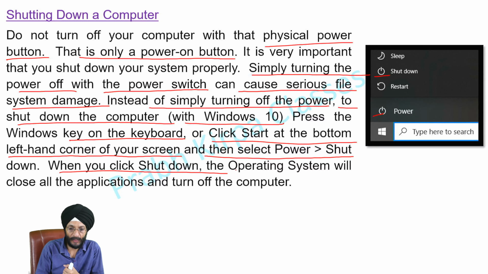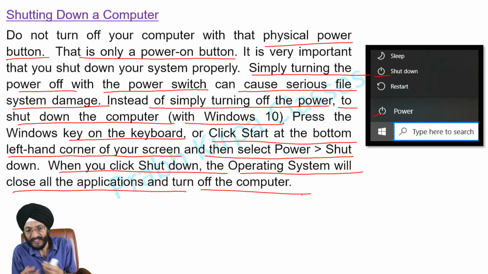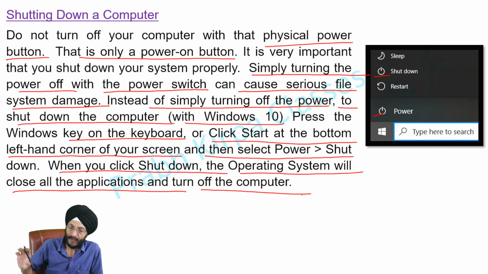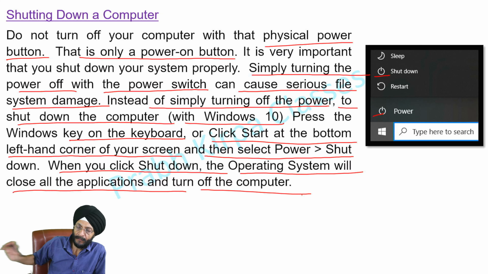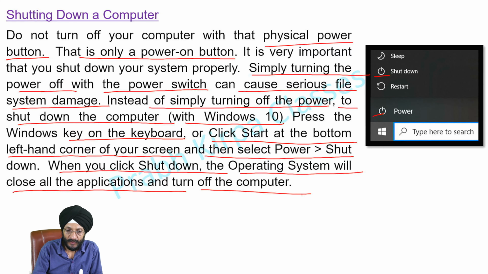When you click Shut down, the operating system will close all the applications and turn off the computer. All this means that we should not switch off the supply from the main electric switches. We are to use the proper button which is there on the computer system itself.